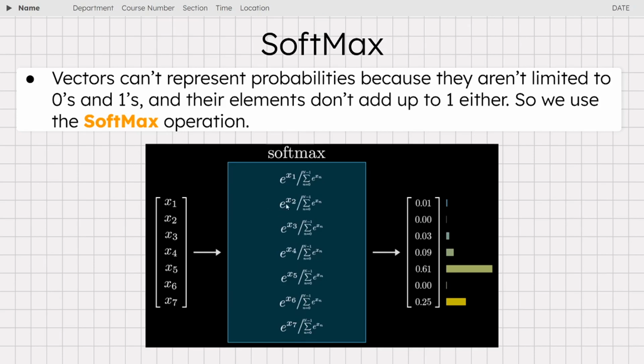And after that, we can calculate the sum and then divide each of the values by that sum so that it all adds up to one. And that's how we're able to change these values into a probability distribution of which word will likely come next in the prediction.